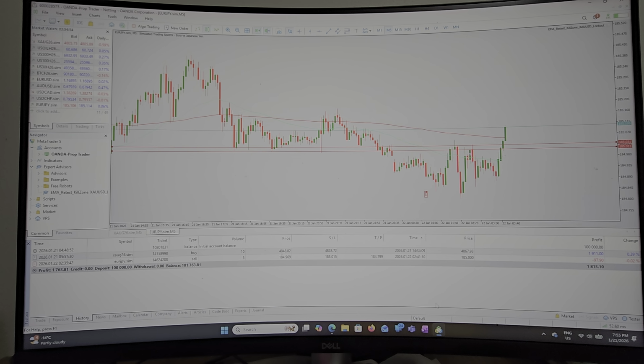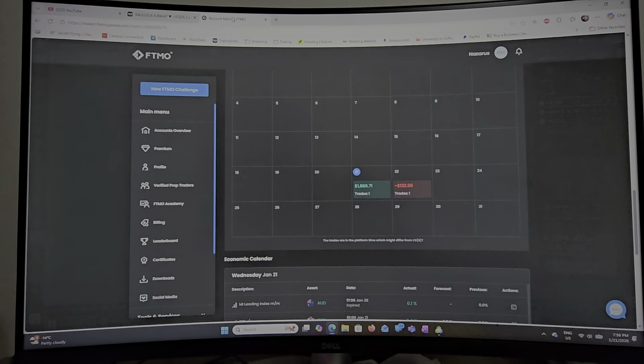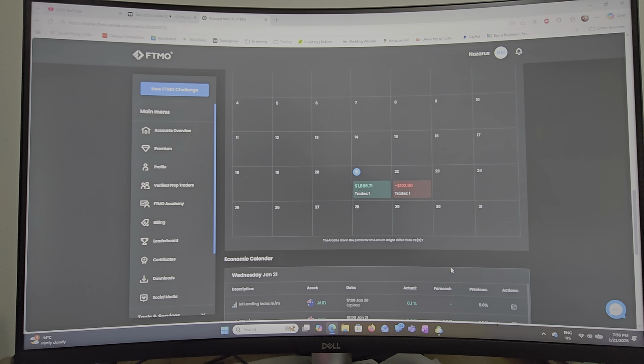So if you go to our history, we lost $97 on this mini move with volume of 5. So that's why we have a second trading day on FTMO.